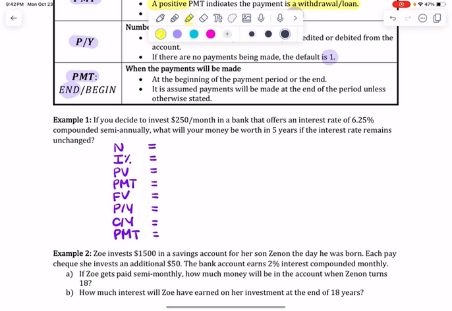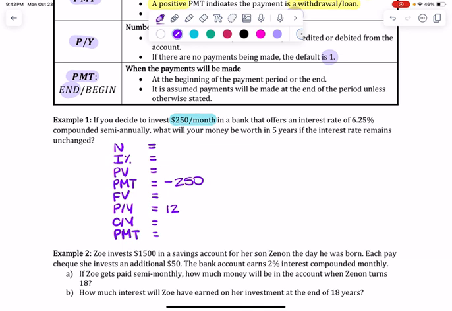All right, going through, we find out that we're investing $250 every single month. That is a repeated investment. It's not happening just once, it's happening more than once. So that's going into my PMT value. It's going to stay negative because it is, in fact, an investment. And my PY, because it's happening every single month, happens 12 times per year.